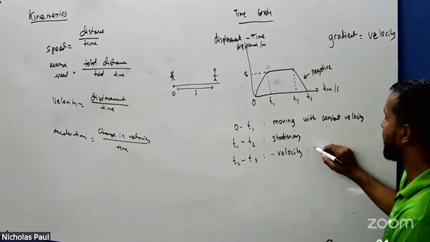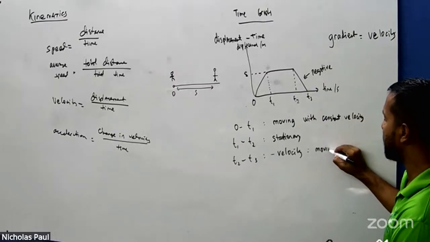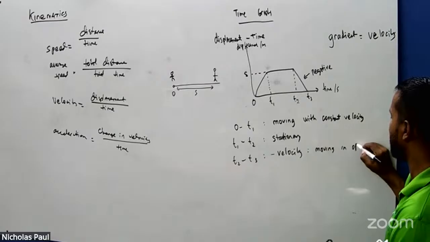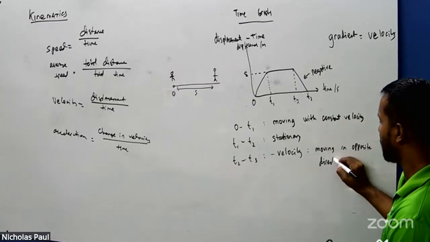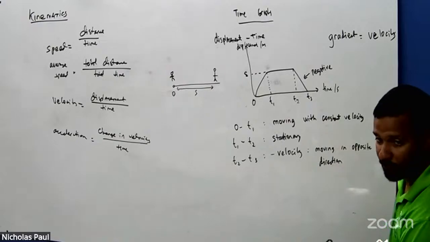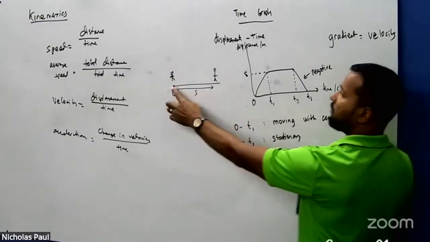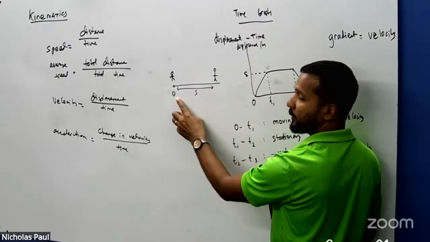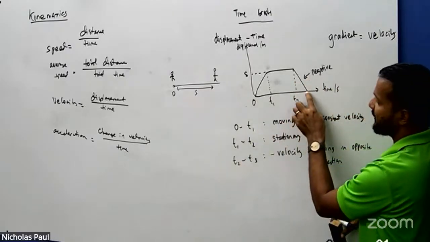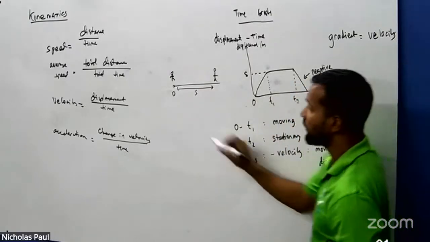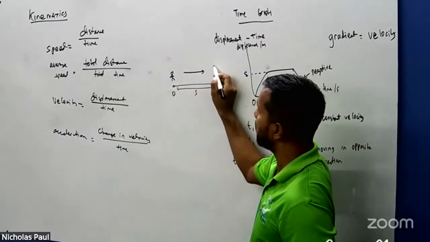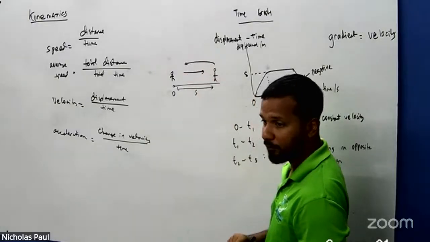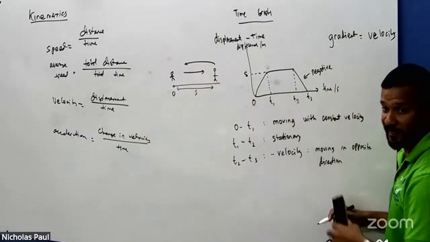It means he's moving in the opposite direction. So he starts here, he reaches here, and now he's going backwards, because the displacement at T3 is 0. That's what this graph is saying.